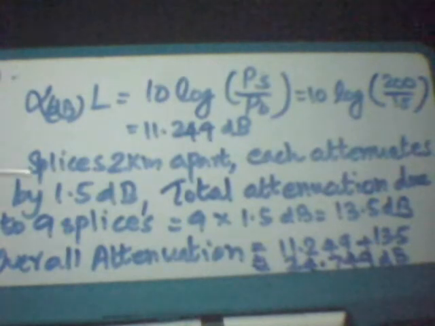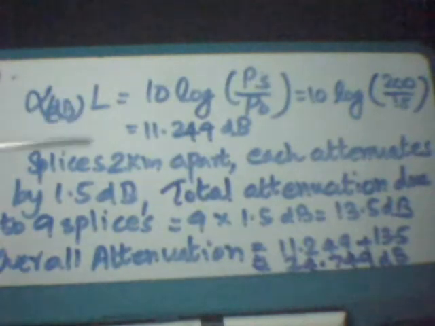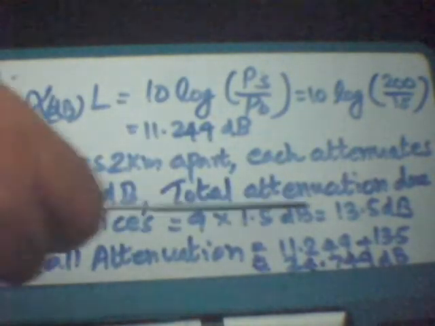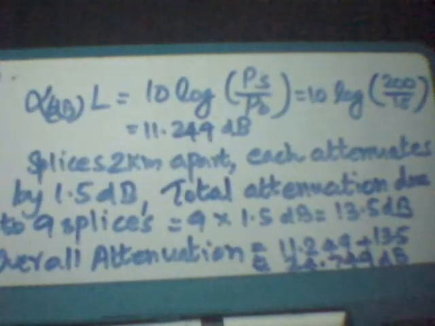But now there are 9 splices 2 km apart. The total length is 20 km. So there will be 9 splices in between at several points along the fiber, 2 km apart. So the total attenuation due to the splices will be 9 into 1.5 dB, which is equal to 13.5 dB.